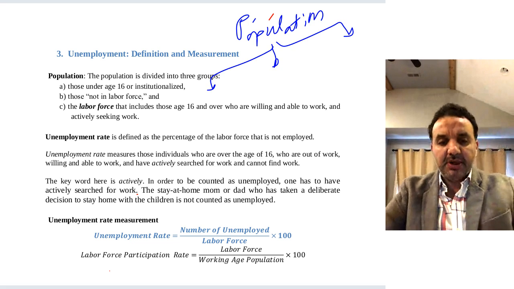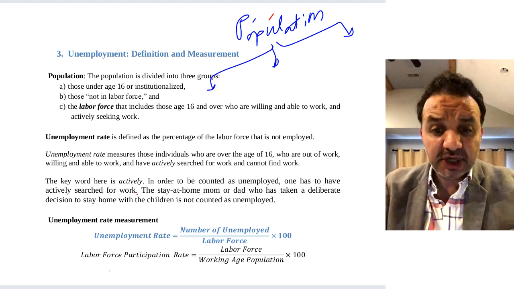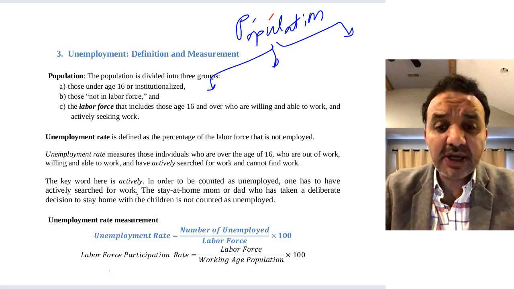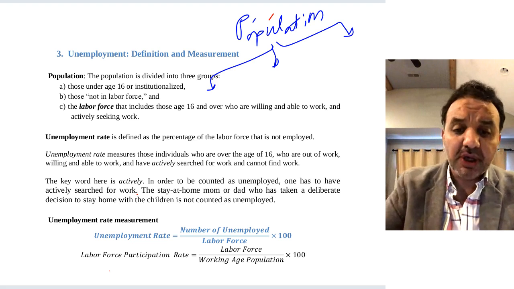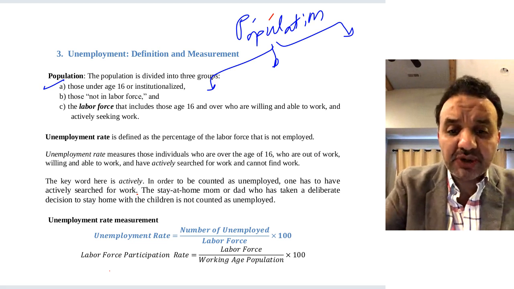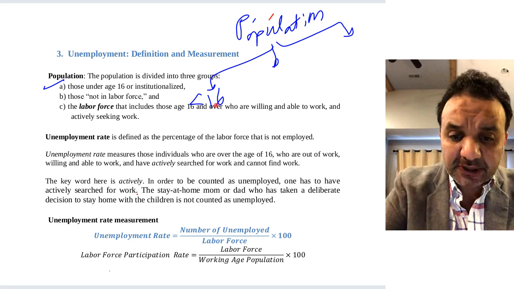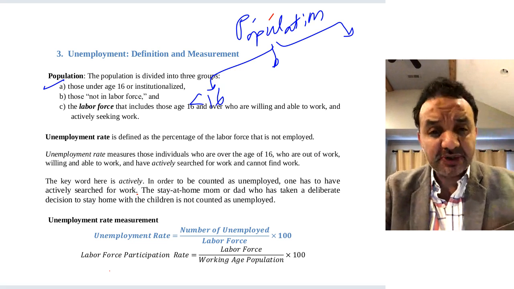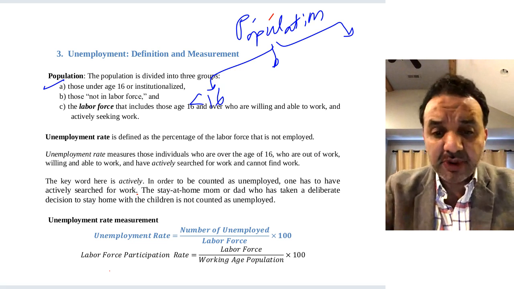I recommend solving any unemployment problems this way. The first category is A, those who are under 16. Anyone under 16 will be under this category.